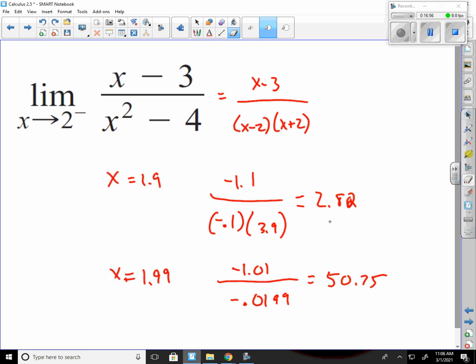That seemed way too high, because this wouldn't be negative 0.0199 down here.